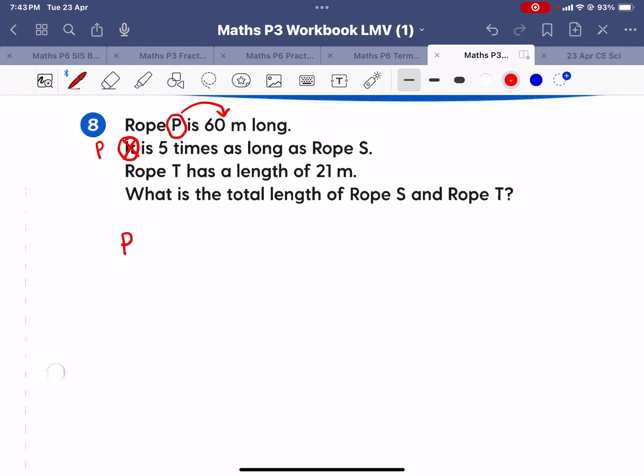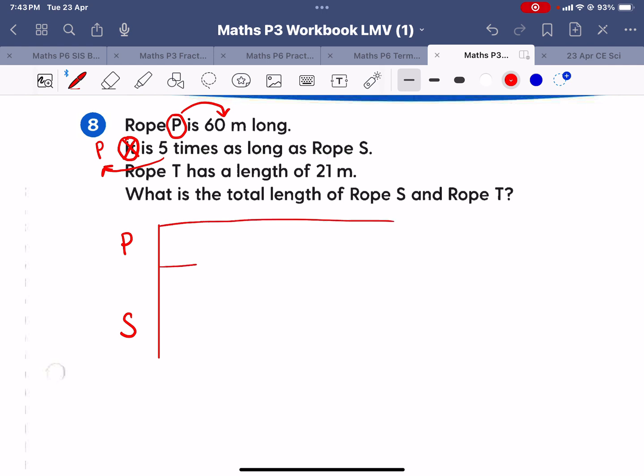We have got a comparison between P and S. That's 1. And we now know that P is 5 times longer than S. So P has to be 1 or 5 units.